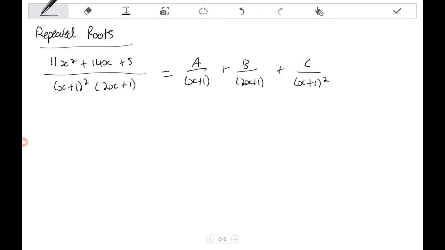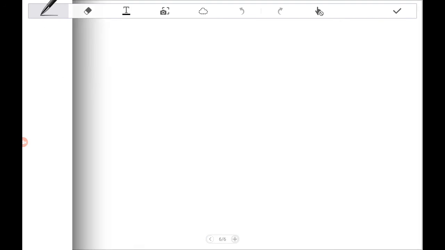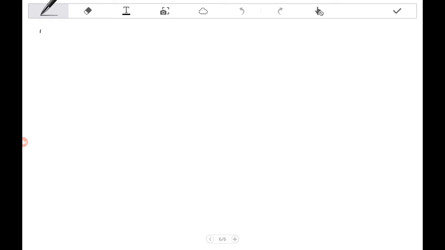I'm not going to do it because it's exactly the same. You can try it yourselves. The only thing we have to note is we now have this x plus 1 squared term on the bottom. Perfect. So let's look at then the last thing, which is improper fractions.